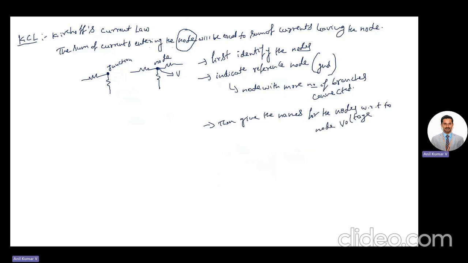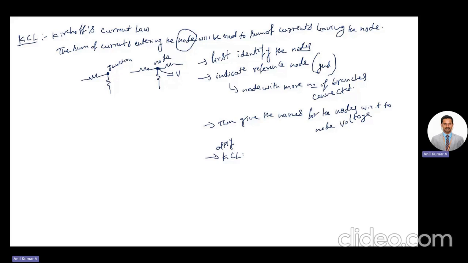So these are steps you need to follow. Once you indicate the node voltages, then you can apply your KCL, right? These are steps you need to follow whenever you are going with Kirchhoff's current law for solving any network.